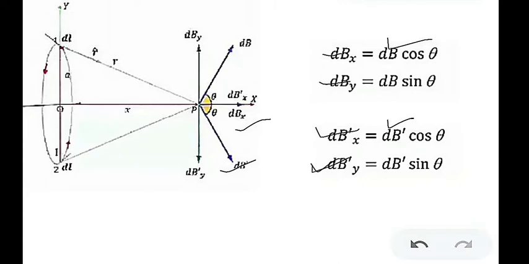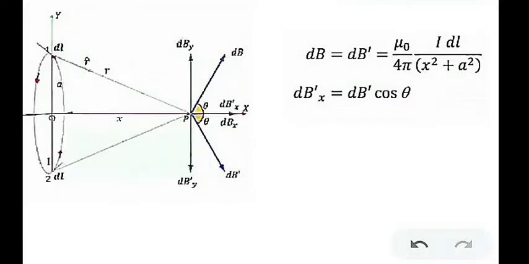Now what we will do is add all the components along the x direction. For this we will integrate, or take the summation. So we add all the components along the horizontal direction.